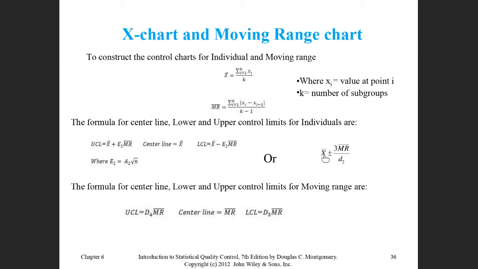So if it is the upper control, X bar plus 3 times the average of moving range divided by D2. This is another constant. We will see all of them in the coming slides.